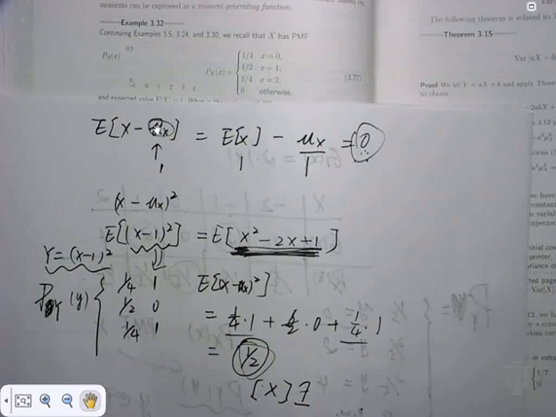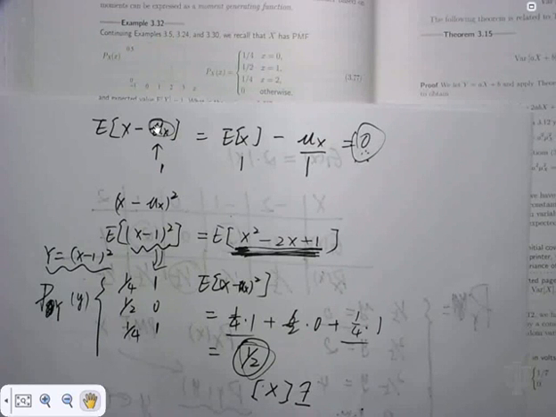Now, if all of them are 0, that means what? There's no randomness. Because that means that all of those examples were the same, because you subtracted 1 from them. They all had to be 1. So the variance, if it's random, cannot be 0, ever. It could be small, which means you're very close to the average. Probabilistically, you can have outliers, things that far from the average, but they're very unlikely to happen. That could still have a small variance.